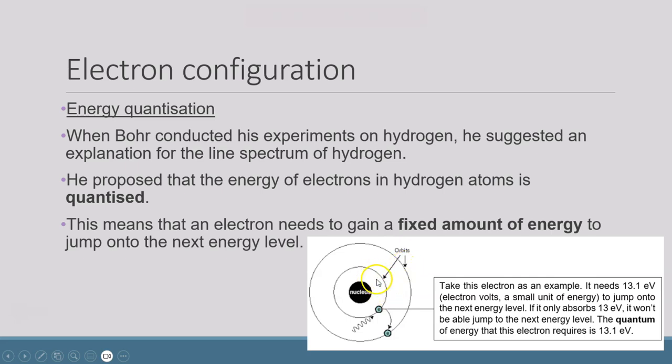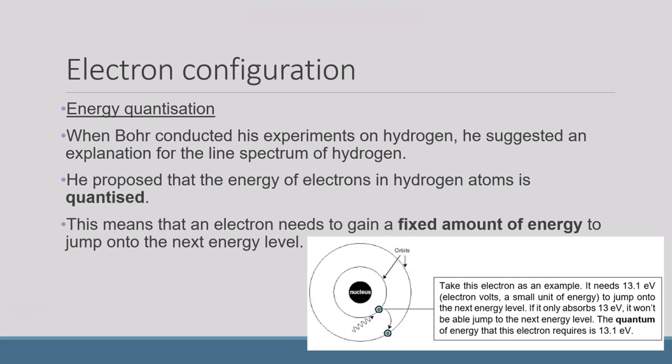If it only absorbs 13 units of energy, it will stay put in its energy level. So it won't go up to the next step. It won't sit somewhere in between. It needs a fixed amount of energy, at the very least, to get to the next energy level. And so that is the quantum of energy. 13.1 electron volts is the quantum of energy that a hydrogen electron requires to jump onto the next energy level.